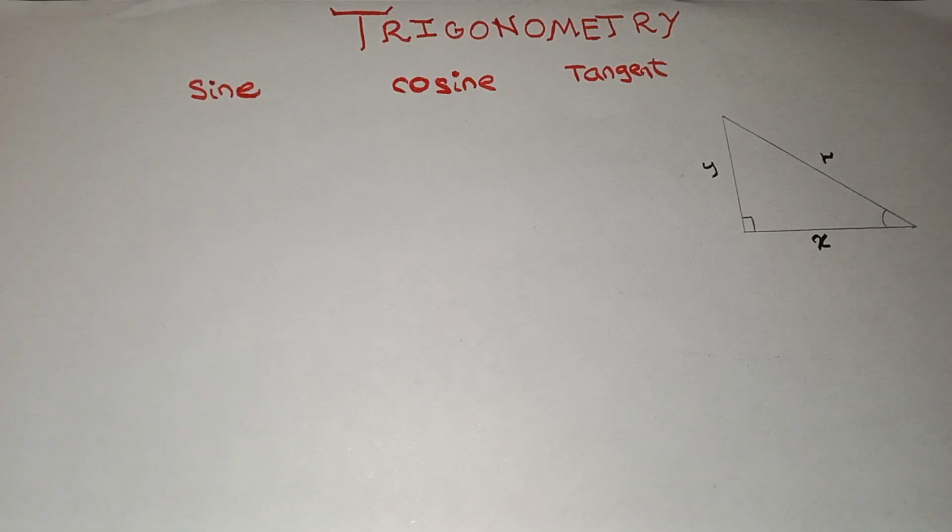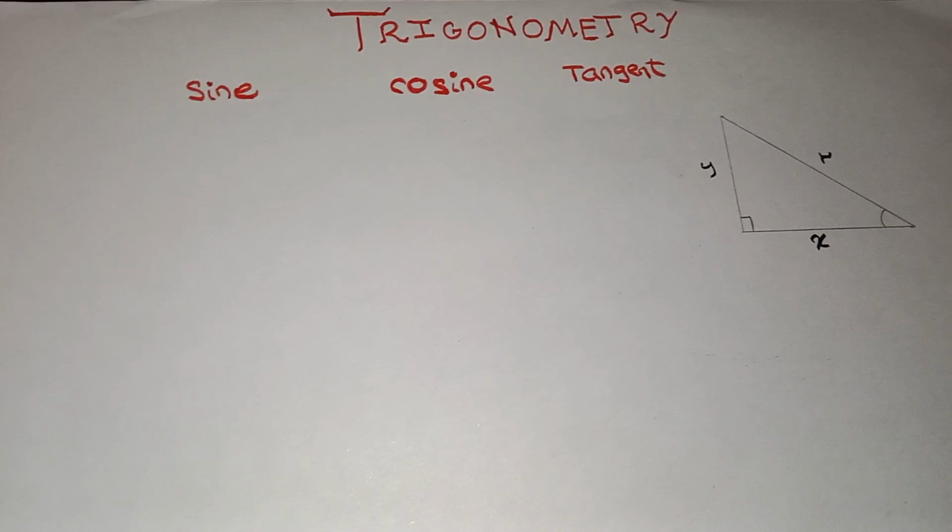Now we are writing the trigonometric ratios. Sine stands for opposite upon hypotenuse. So what is opposite, what is hypotenuse, and what is adjacent? Let's learn in today's class.